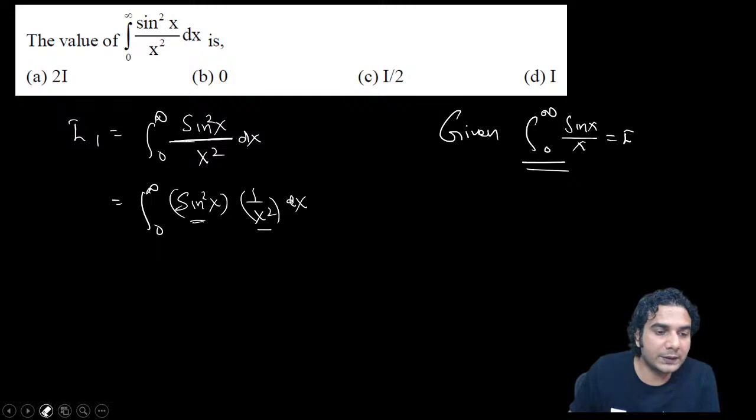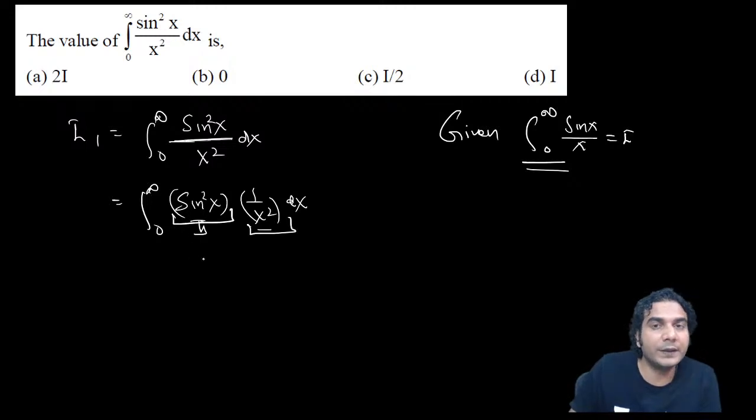If you differentiate 1 upon x square, it will become 1 upon x cube. So that will be problematic. So it's differentiation of sine square and integration of this. Then that will be easier, to differentiate this and to integrate this.